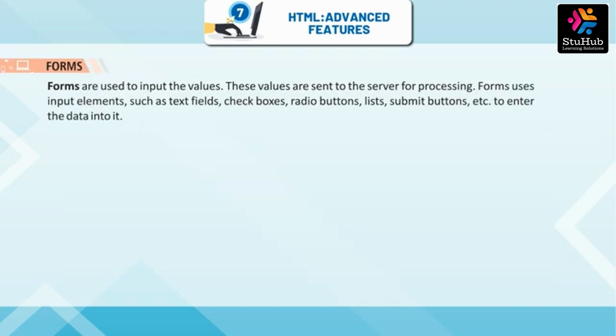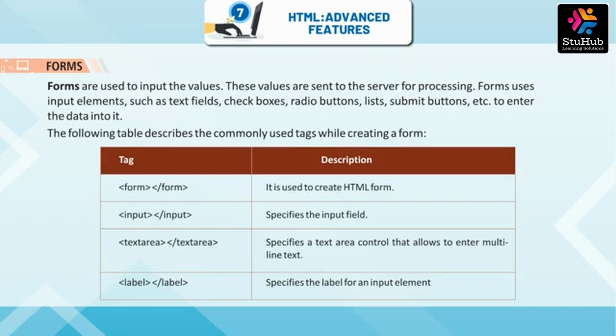Forms. Forms are used to input the values. These values are sent to the server for processing. Forms use input elements such as text fields, checkboxes, radio buttons, lists, submit buttons, etc. to enter the data into it. The following table describes the commonly used tags while creating a form. Tag, description. Open form tag, close form tag: it is used to create an HTML form.